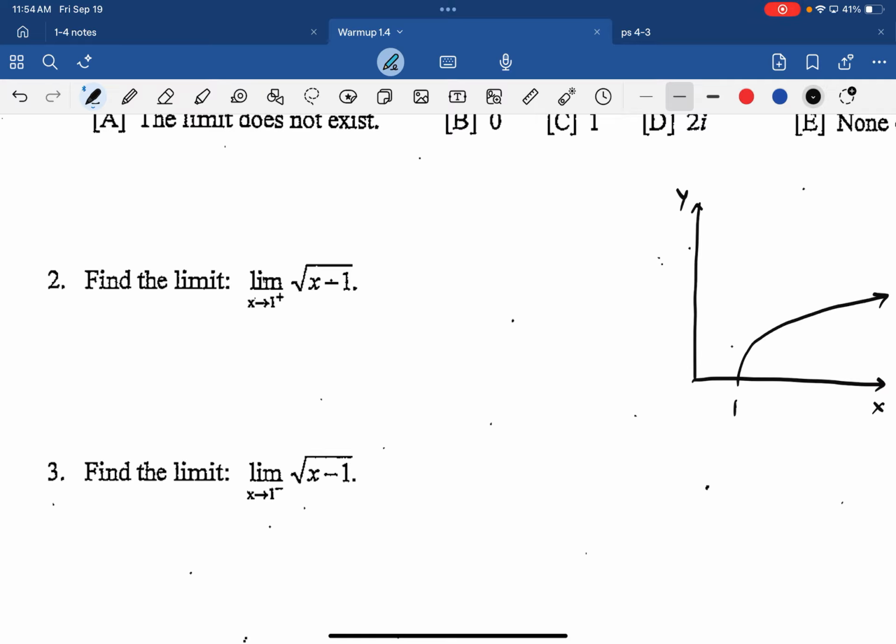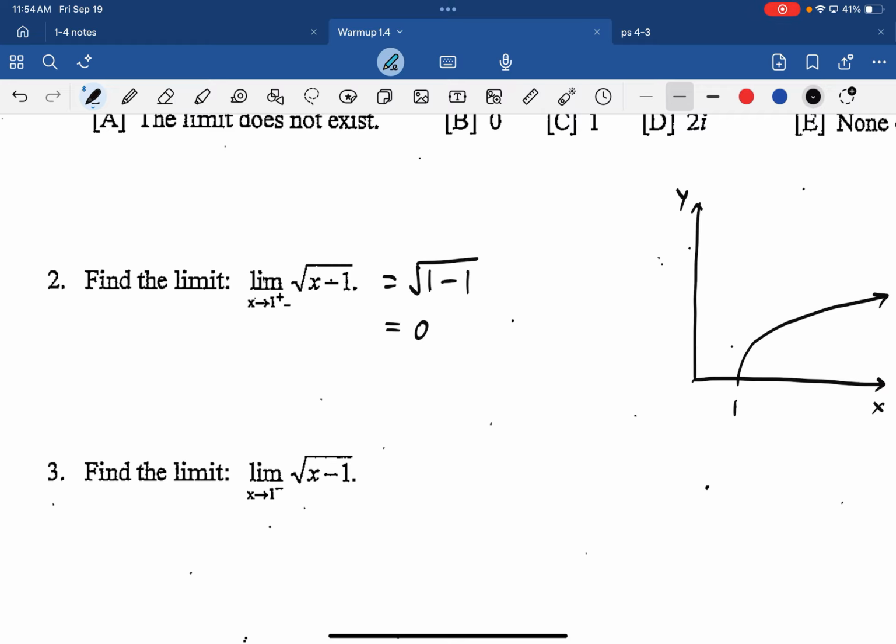And so you can see how it's only defined for x greater than or equal to 1. If we imagine x getting closer and closer to 1, we know that this limit is going to equal 0. It's going to equal the square root of 1 minus 1, which is 0.